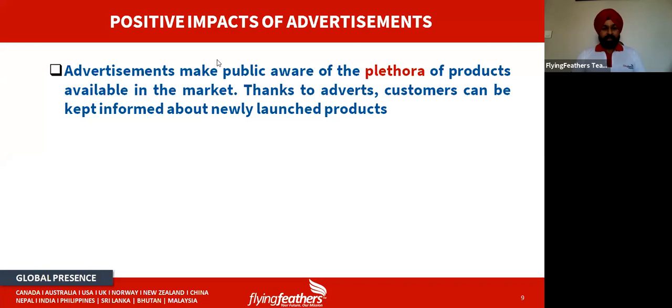So you can use this word whenever you have to say lots of things, lots of people, plethora of people. You can also say myriad. The meaning of all of these is the same, means many. So it makes the public aware of the plethora of products available in the market.